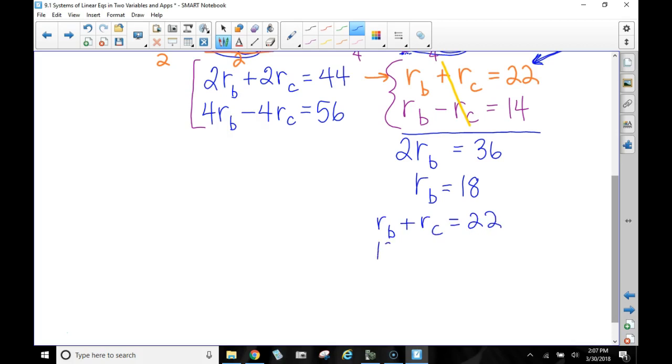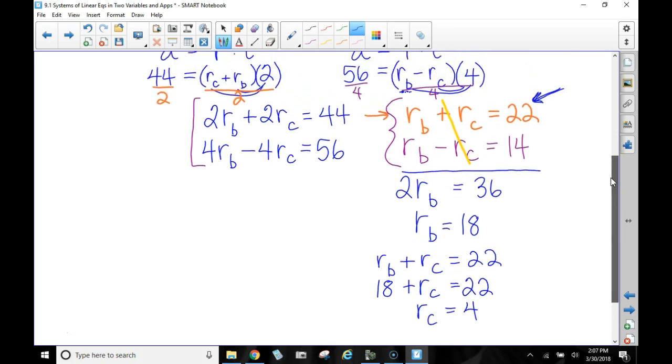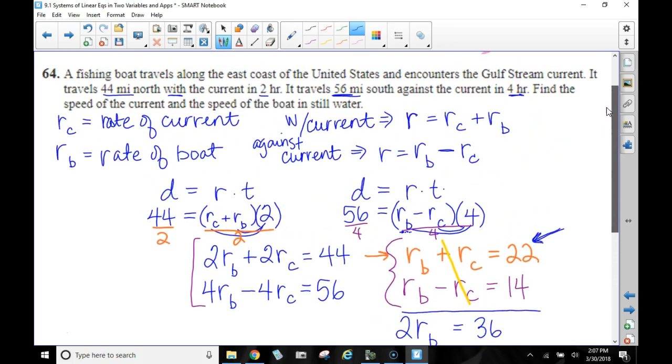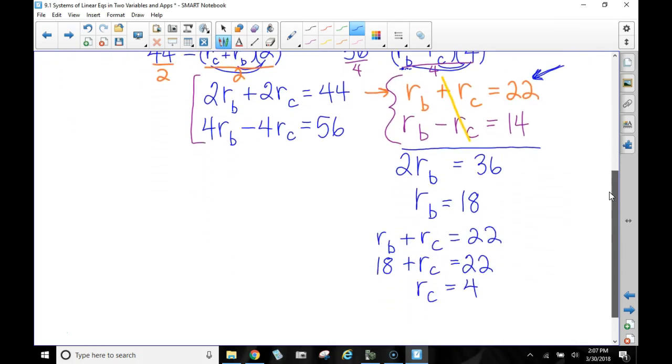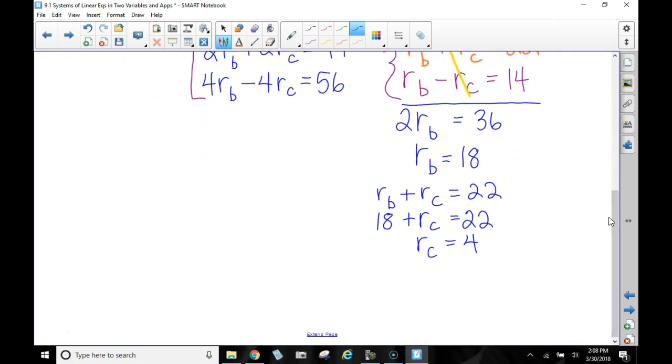We found the rate of the boat is 18, plus the rate of the current will be 22. So the rate of the current is going to be 4. And these are miles per hour, right? Everything was in miles an hour. So the rate of the boat is 18 miles per hour in still water, and the rate of the current is 4 miles per hour.